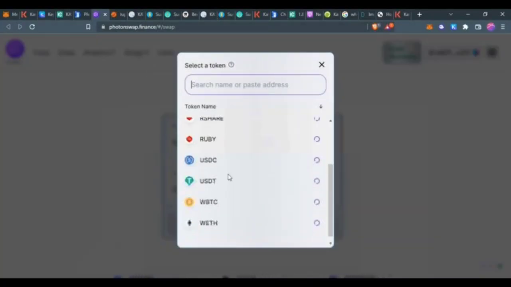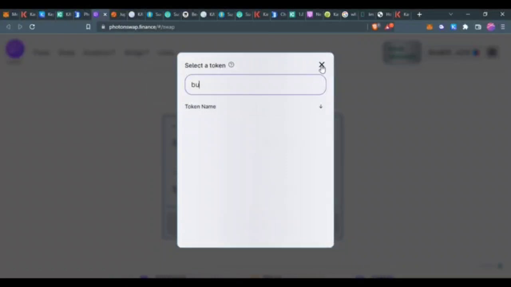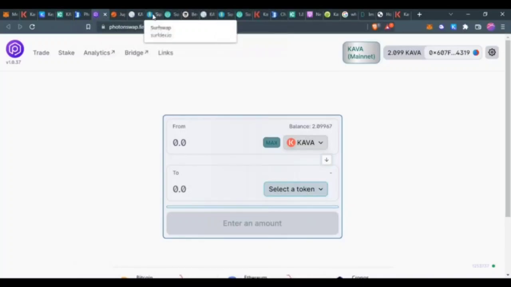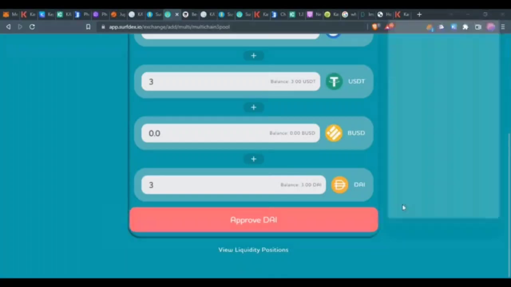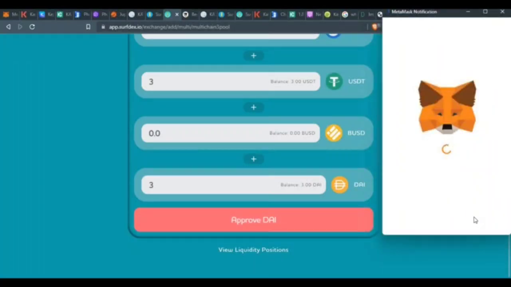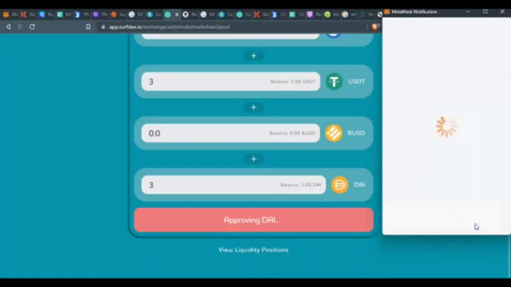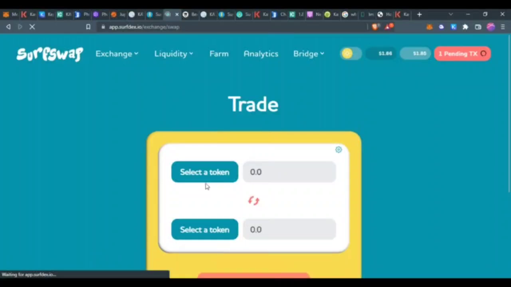Let's see. They don't have it over here either. So the last place we can get it is going to be here, if I'm not mistaken. So the exchange one more time. Let's see if we can make something happen here.